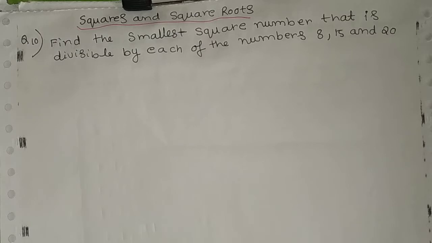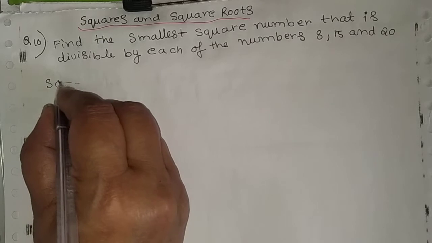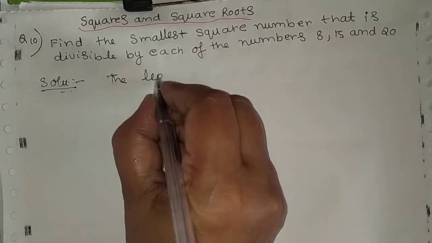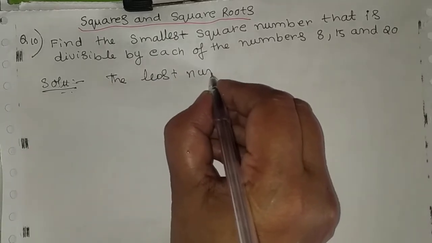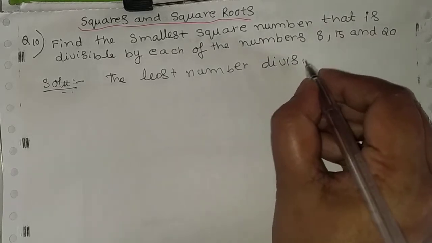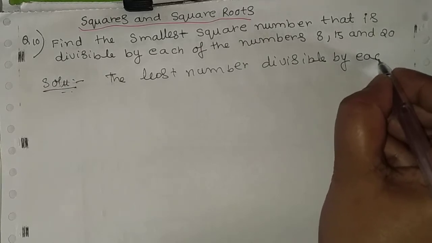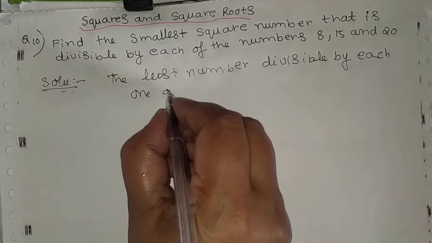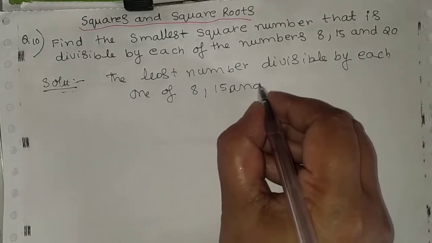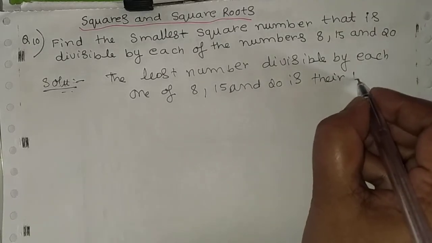So the solution is, we'll write, the least number divisible by each one of 8, 15 and 20 is their LCM.